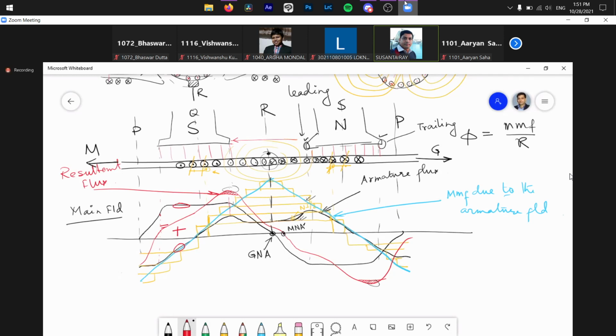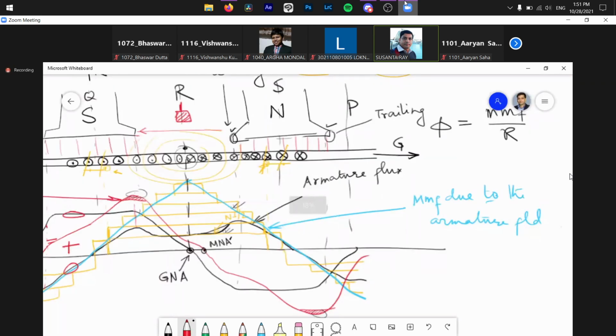Okay. Another thing is that initially the geometric neutral axis had a zero flux value, and therefore we generally place our brush where we have the zero flux value. দেখো ফিগারে দেখো ব্রাশগুলো কোথায় লাগানো আছে, আর এ আর পি তে, isn't it?